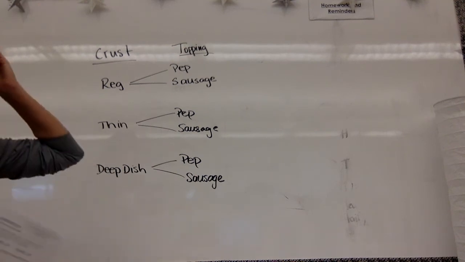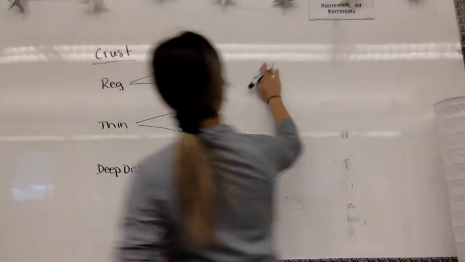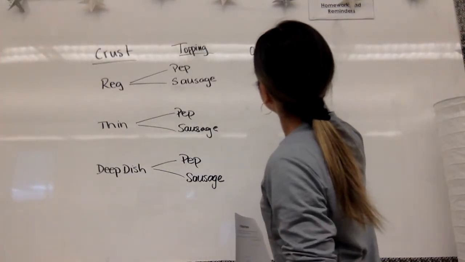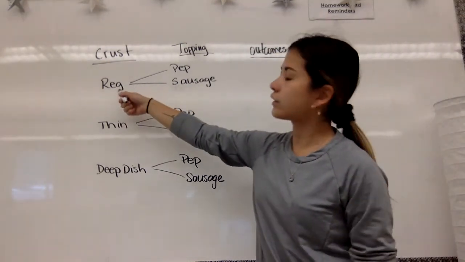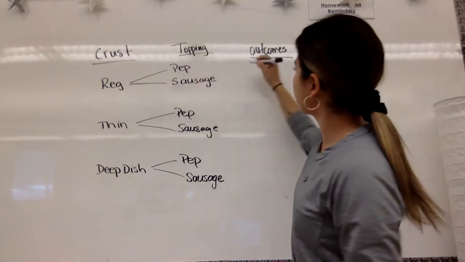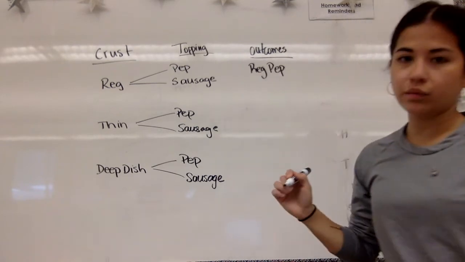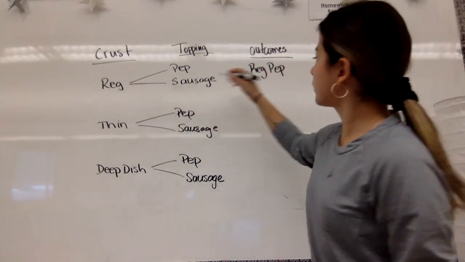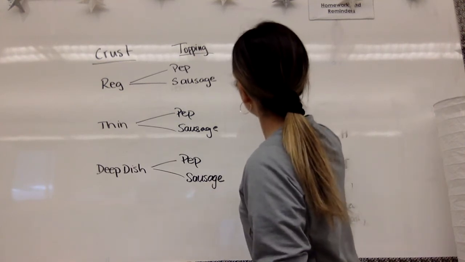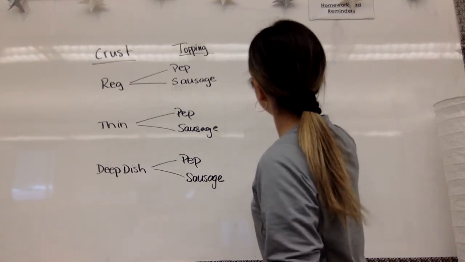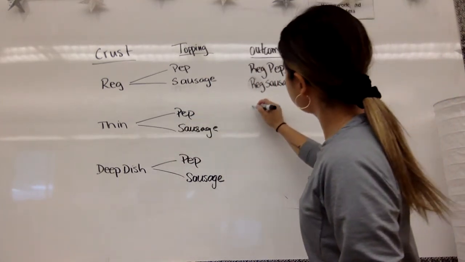We've made the tree diagram, but then they want to know what are all the outcomes. So now that we've got the tree diagram, over here is where we write the outcomes. So if we get regular crust, we could have pepperoni topping. So regular crust, pepperoni topping, that's one option. Regular crust, sausage topping. Regular sausage. Okay, I could get thin crust and then pepperoni.